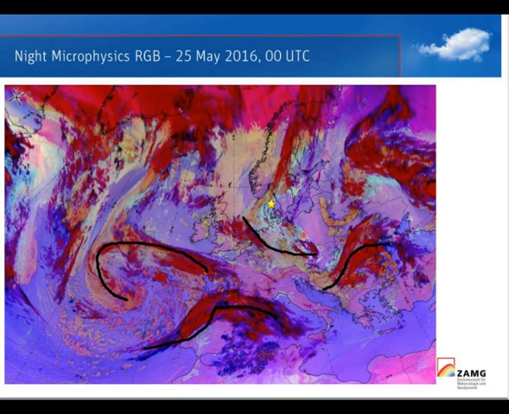So as time is running, I've shown you now different RGBs, and every RGB has its advantages and disadvantages, but I think there is no time during the day where there's not an ideal RGB to look at. Just be careful with some RGBs during dusk and dawn: the night microphysics RGB has some problems during dusk and dawn, as well as the day microphysics RGB.